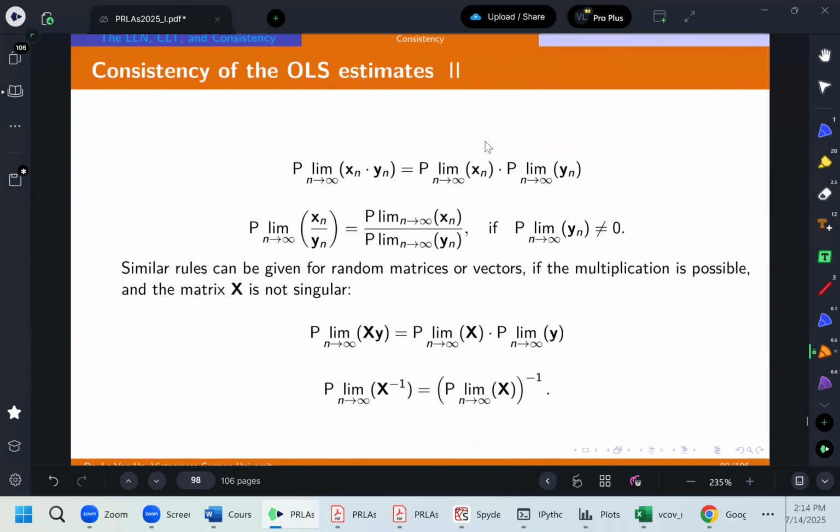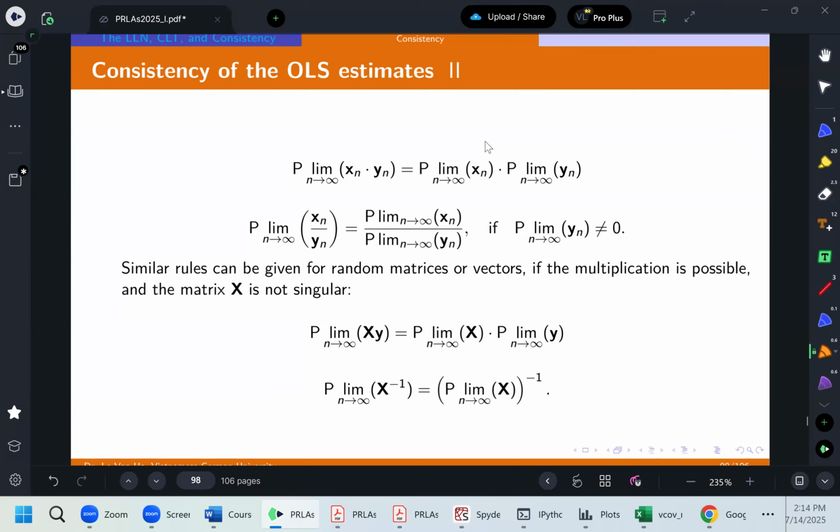This is a nice thing, right? The probability limit of a product is the product of the probability limits, and of a ratio is the ratio, of course when the limit is not zero. So the probability limit of x times y will be equal to this one.